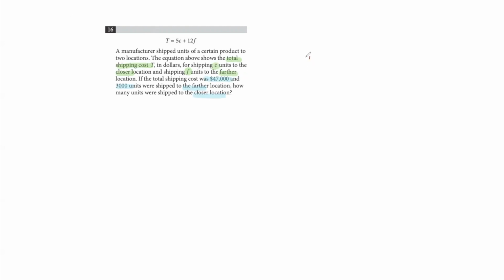All right. So T is equal to 5C plus 12F. We are given that T, 47,000, is equal to 5 times C plus 12 times 3,000, which is the farther location. Closer location we don't know, but 12 times farther location we know.